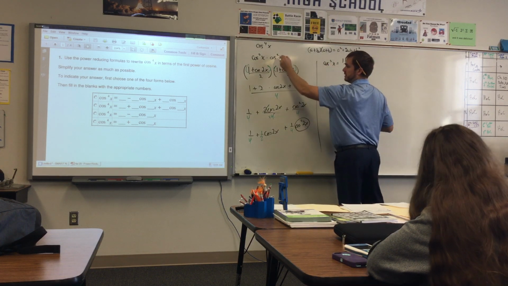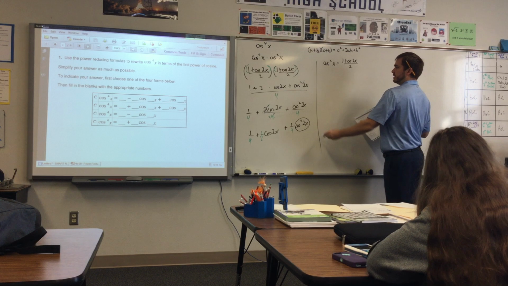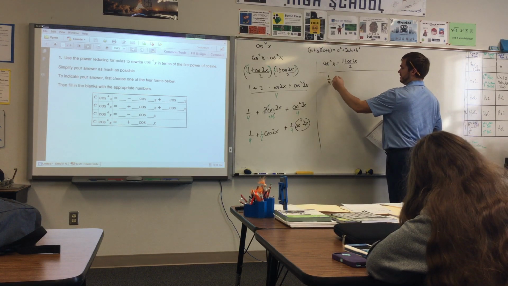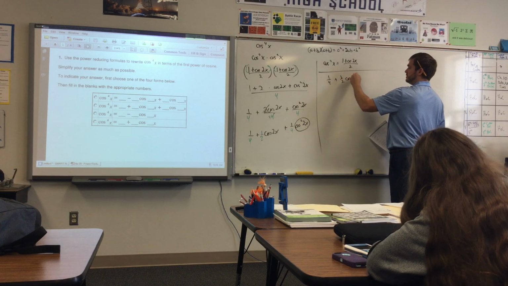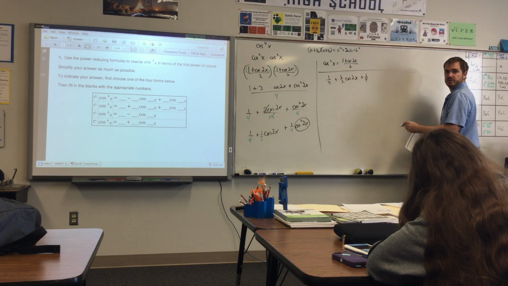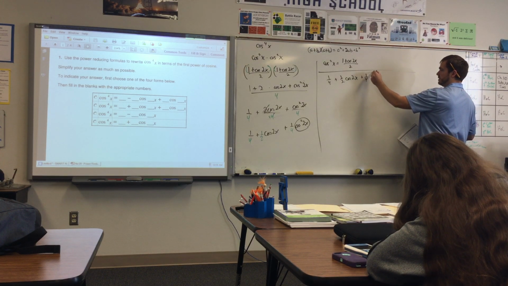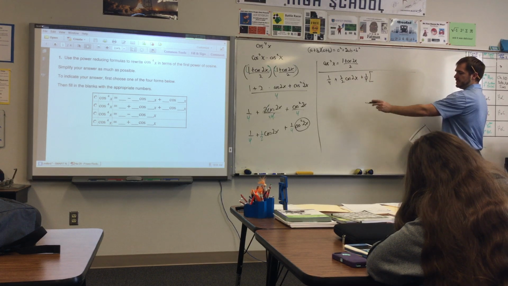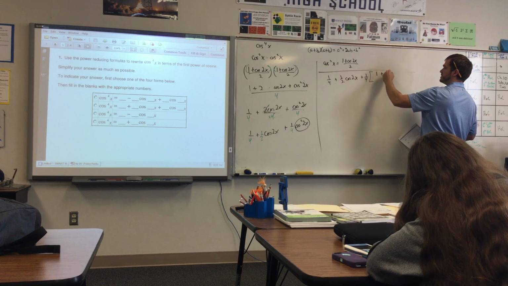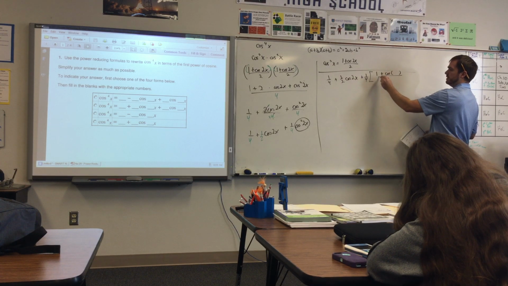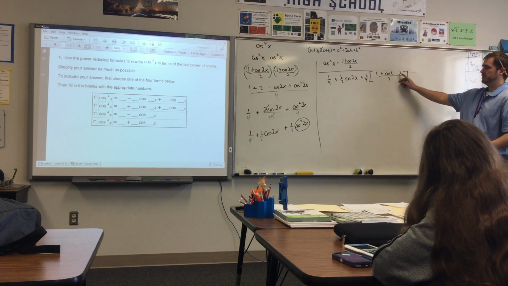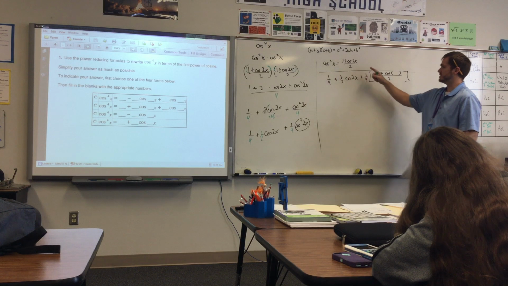I applied it up here, and I'm now going to apply it again right here. So the 1/4 stays the same, the 1/2 cosine 2x stays the same. But this 1/4 right here, I'm going to say 1/4, and instead of cosine squared 2x, I'm going to say 1 plus cosine of something over 2. So I'm just replacing that cosine squared 2x.